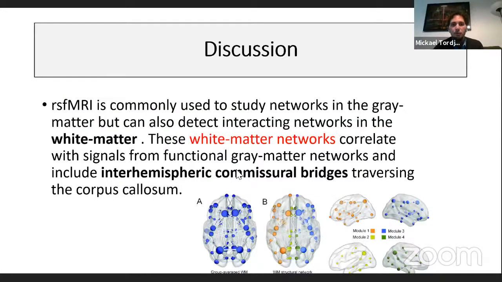So first, resting state is commonly used to study networks in the gray matter, but you can also use it to detect interactions between networks in the white matter, as Rajan talked about earlier. These white matter networks correlate with the functional gray matter networks, and they include interhemispheric commissural bridges that traverse the corpus callosum.